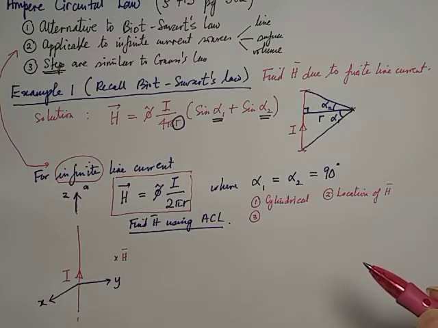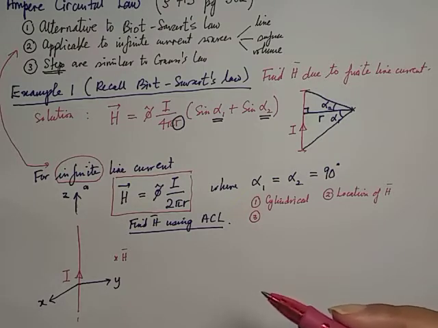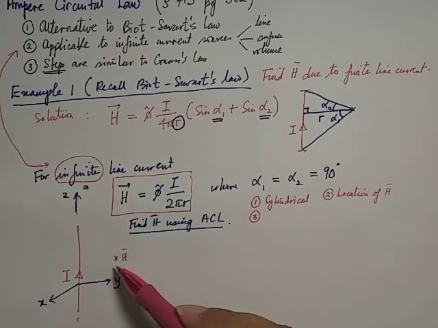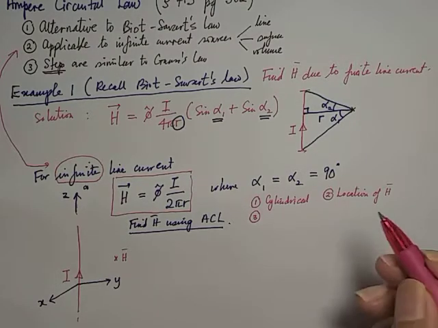Remember, Gaussian profile is a structure that completely closed, and then that particular surface must pass through the point of interest. Okay, in our case before, point of interest is D, but now using a similar method, we're going to determine or build Amperian loop.